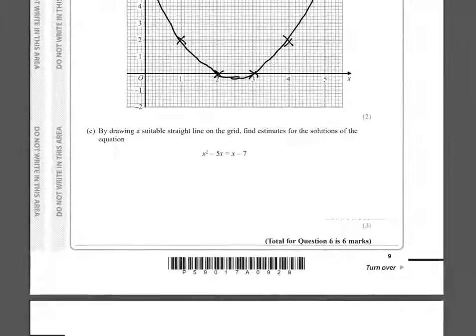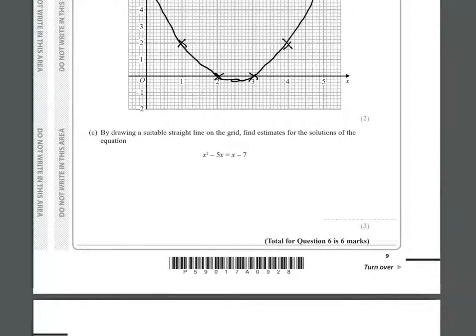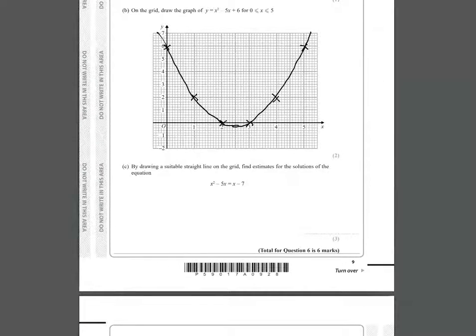Next bit says by drawing a suitable curve, find estimates of this. So we've drawn x squared minus 5x plus 6. And from the one above, we want to solve this equation.